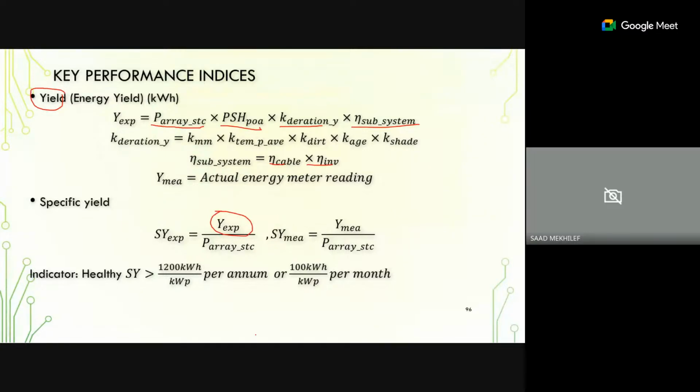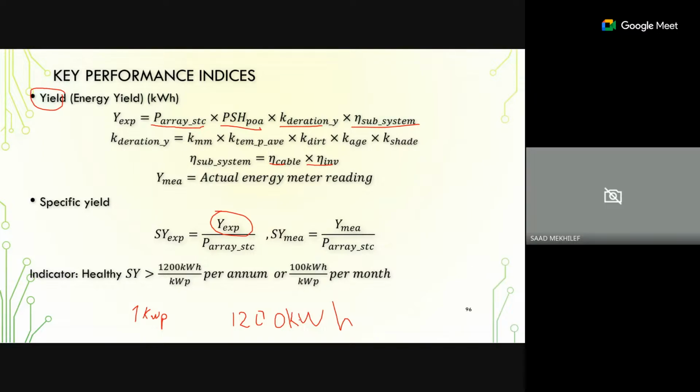Okay. So if we have 1 kilowatt peak, I'm talking about a 1 kilowatt peak system. To be healthy, it should give at least 1,200 kilowatt hour per year.